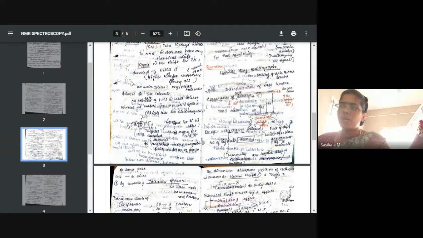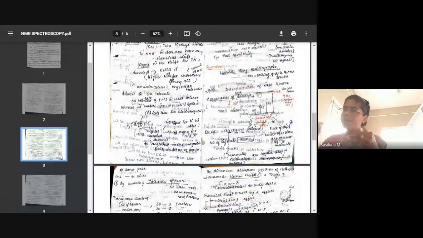So from seeing the intensity of the peak, we can find out how many protons of the same kind are present in it. We are getting a single signal for a set of protons, not for a single proton, right?